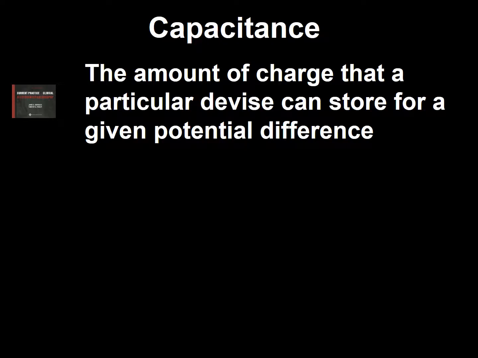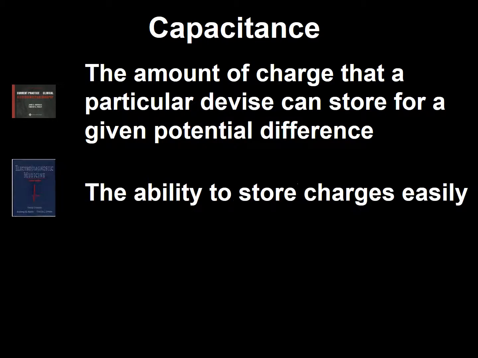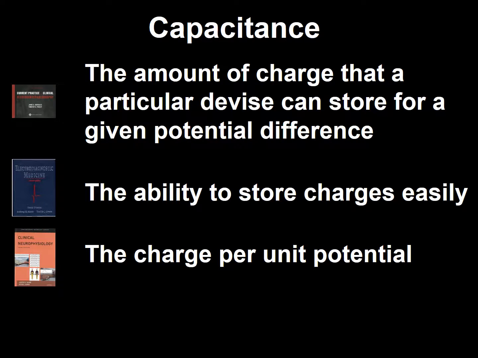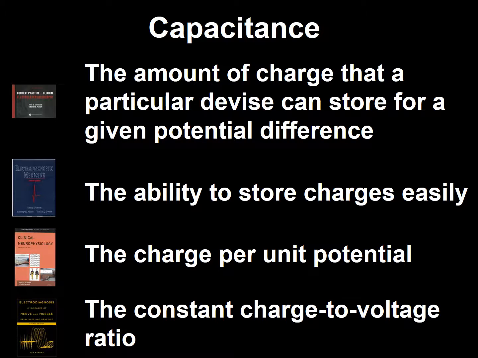Ebersol defines it as the amount of charge that a particular device can store for a given potential difference. In electrodiagnostic medicine, it is defined as the ability to store charges easily. In Jasper, it is defined as the charge per unit potential, and in Kimura as the constant charge to voltage ratio.